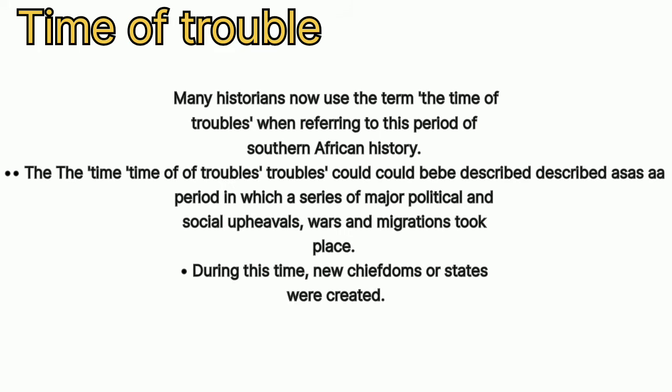Many historians now use the term the time of troubles when referring to this period of Southern African history. The time of troubles can be described as a period in which a series of major political and social upheavals, wars, and migrations took place. During this time, new chiefdoms or states were created.